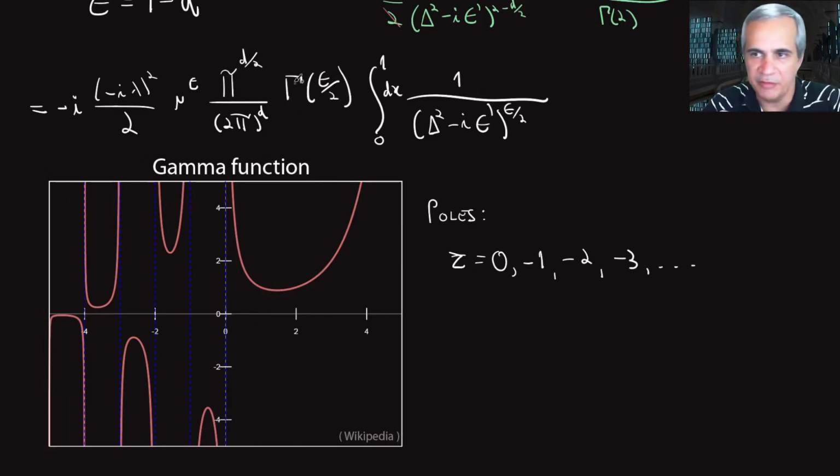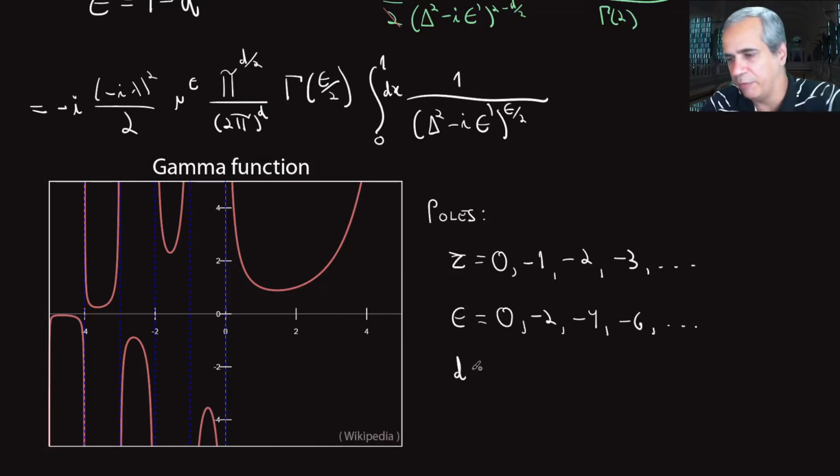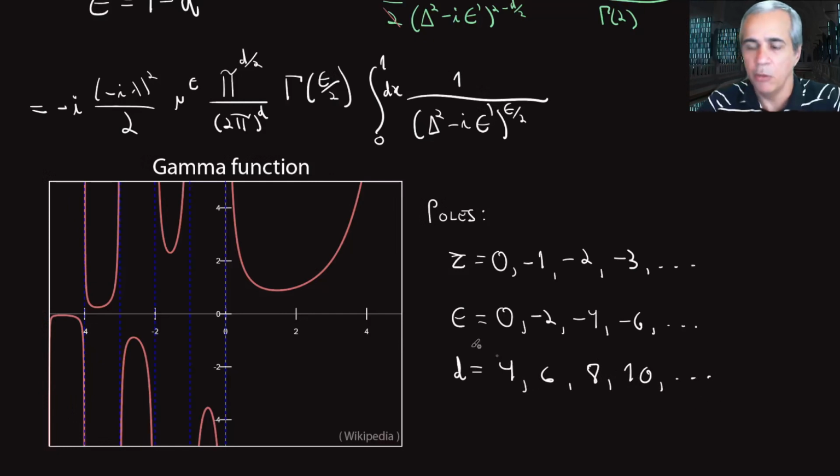Since here I have the gamma not of epsilon, but of epsilon over 2, that means in terms of epsilon, the poles will be at epsilon equals 0, minus 2, minus 4, minus 6, etc. And then in terms of d, which is 4 minus epsilon, I'll have poles for this function in 4, 6, 8, or more dimensions, which makes sense, right?